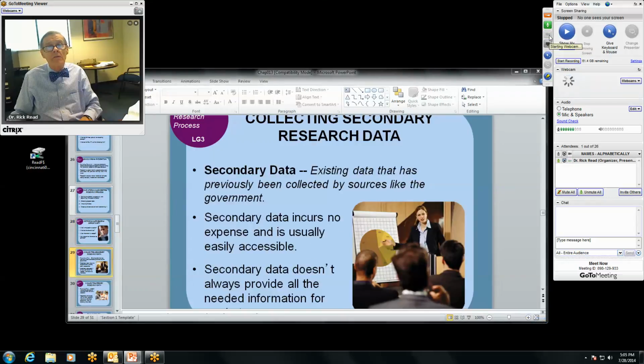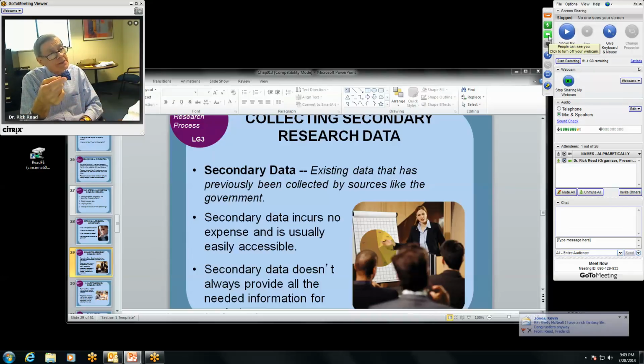The first thing that you can look at is something known as secondary data. And the beauty of secondary data is that somebody else has already collected this information. You don't have to reinvent the wheel, if you will. So it is there, it's available. Sometimes it's in records, sometimes it's in newspapers, sometimes it's a lot of places.